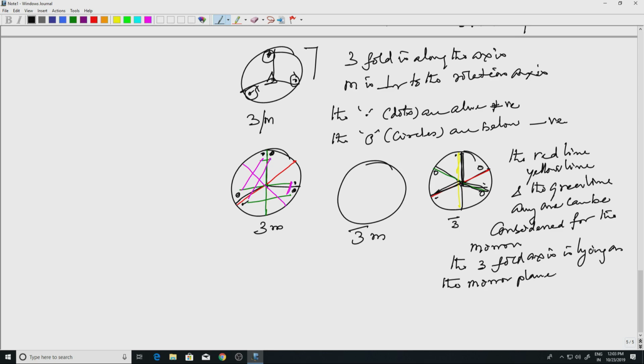So now, having seen that, now what happens? This is three bar. When you put a mirror, three bar m.